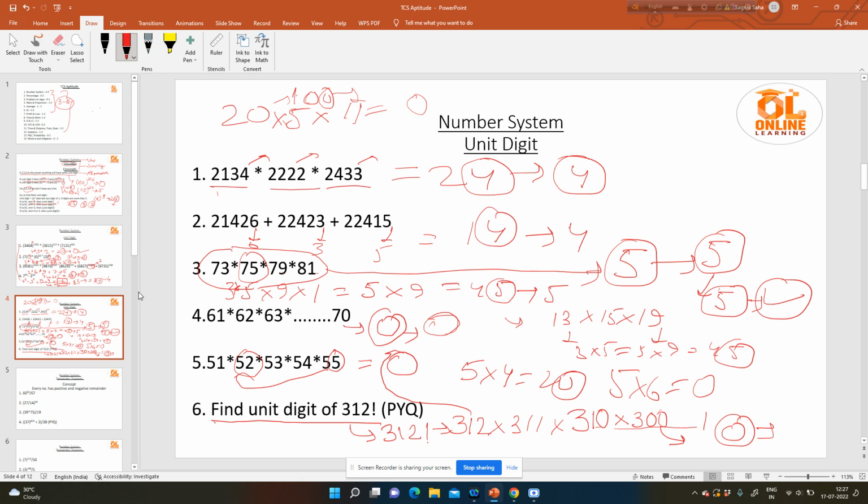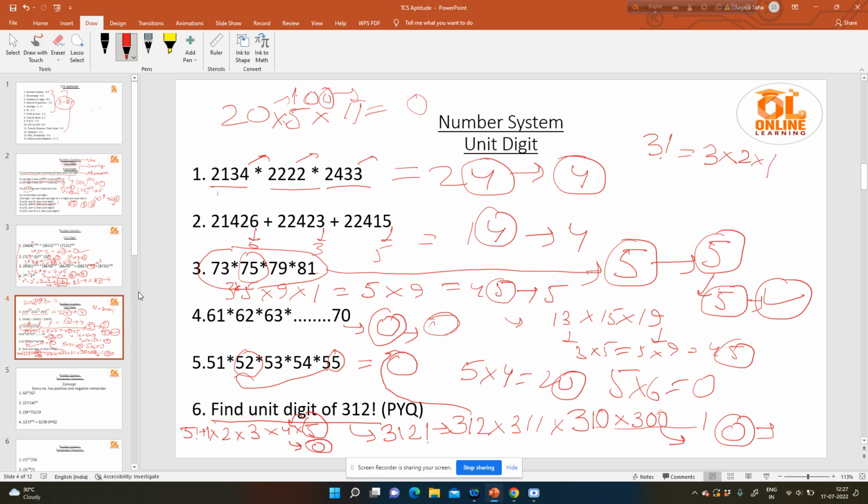Now if you have to find 5 factorial, if we expand it, 1 into 2 into 3 into 4 into 5, see, 5 is present and an even number is present, so again your unit digit will be 0. Suppose it is given the unit digit of factorial of 3, so 3 into 2 into 1.